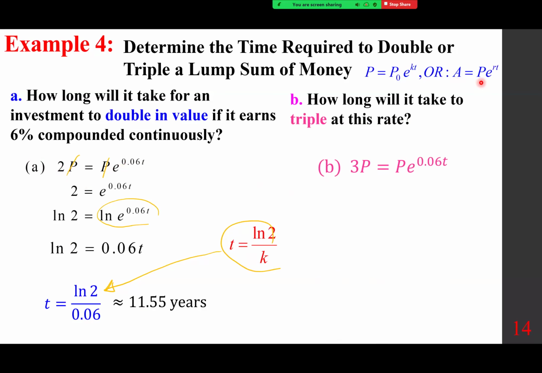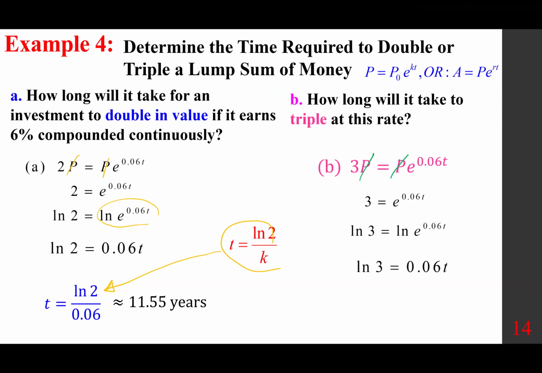So we go to this formula and we do that, and we are going to cross out the P, right? And then we're going to take the natural log of both sides, and the right side becomes 0.06t, and you divide by 0.06.